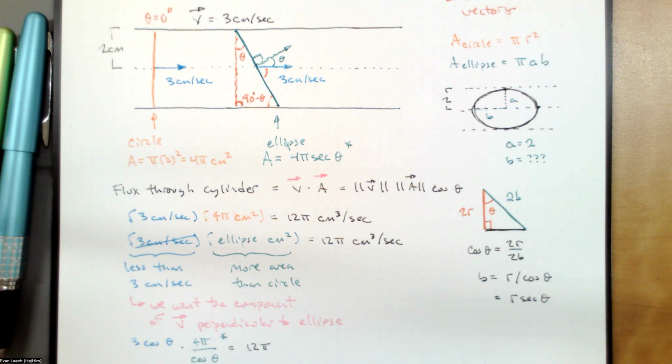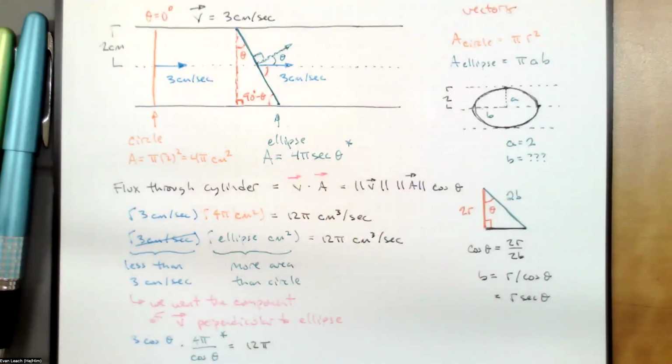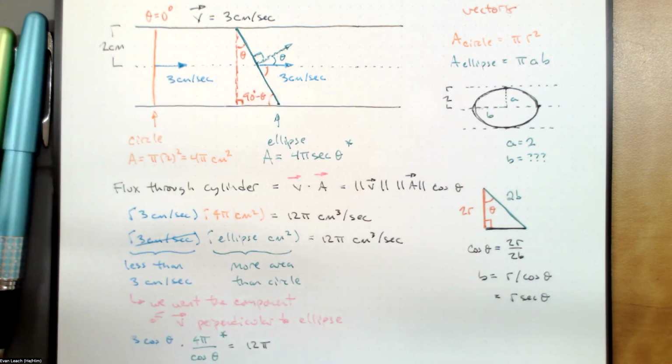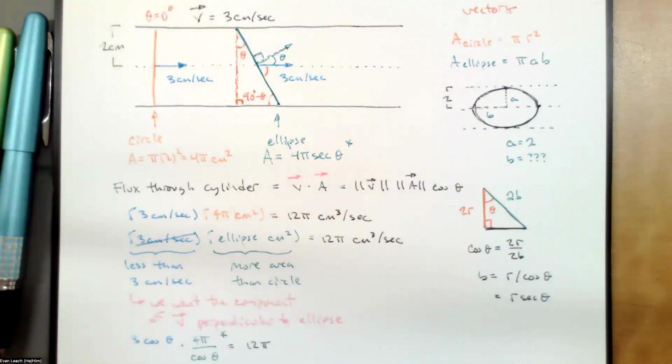So if we think about taking that theta and start increasing the theta, we know that we're increasing the area of our ellipse, but we're decreasing the flow perpendicular through the ellipse. When it's vertical, all of the 3 centimeters per second is going perpendicular to the ellipse. As theta increases, we get less and less of the 3 centimeters per second going through the ellipse.